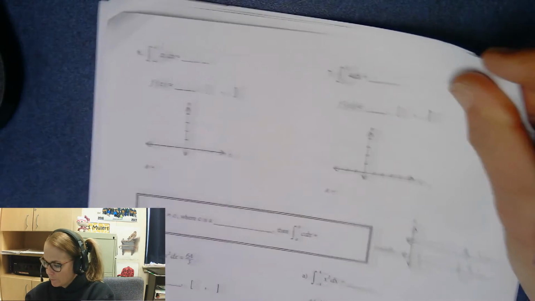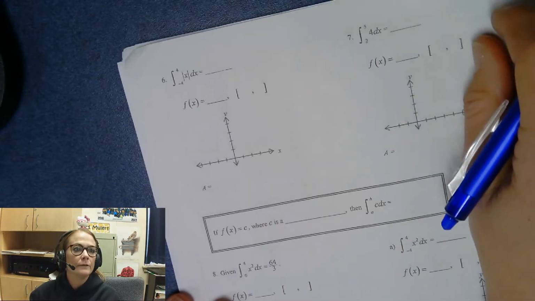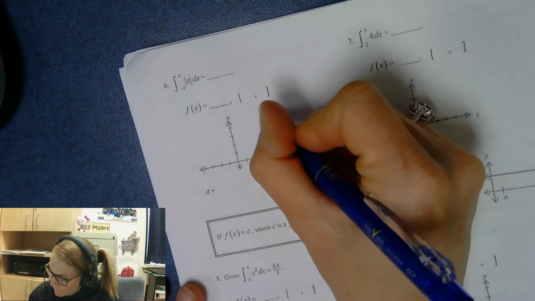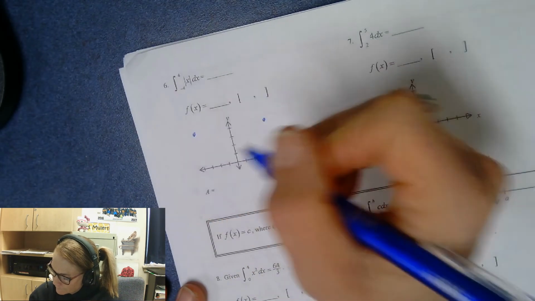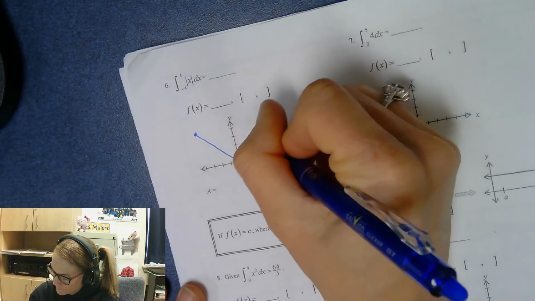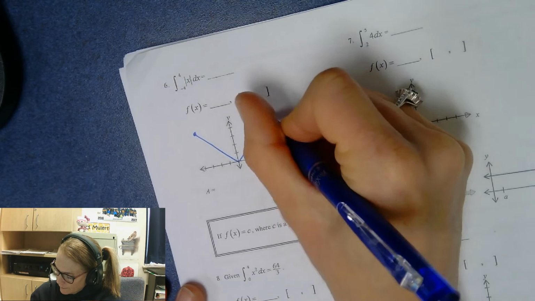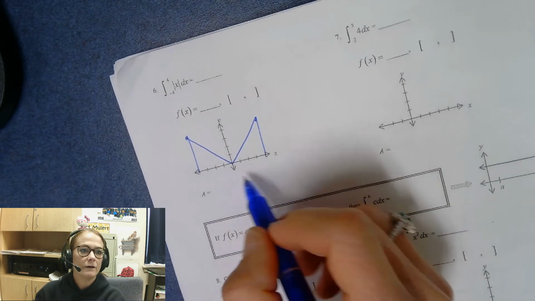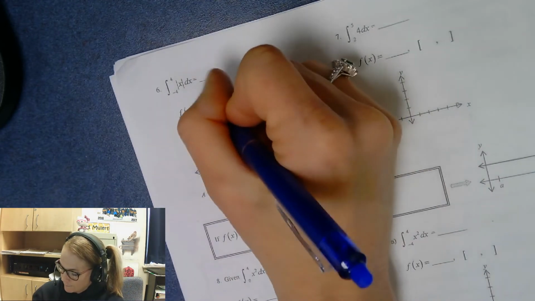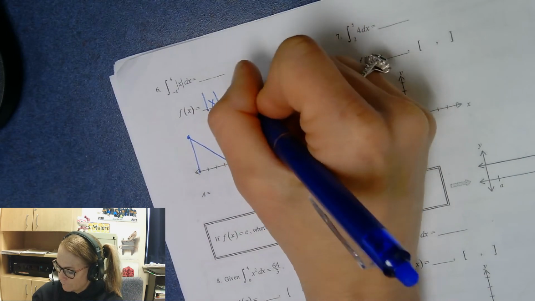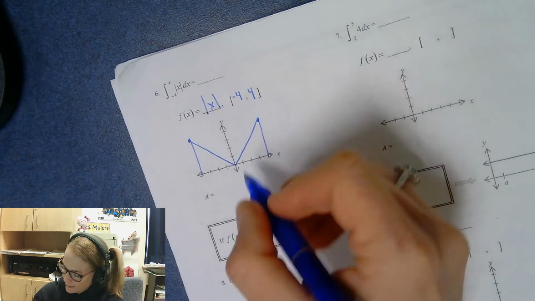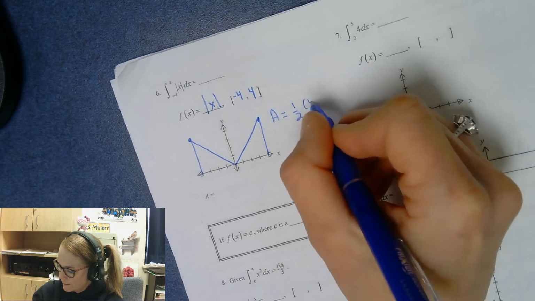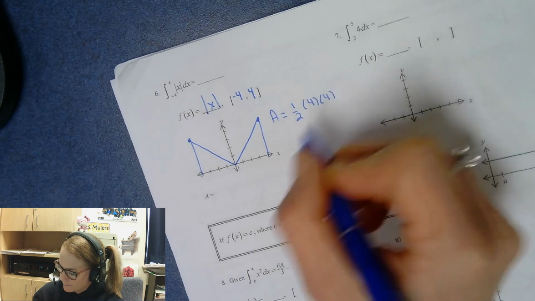Let's see, what do we have going on over here? Okay, we've got some absolute value, and we're going 4 to negative 4. Okay, so there we go. You could just go from 0 to 4 and double it, because you've got some symmetry going on here, but I'm doing absolute value from negative 4 to 4. All right, and so my areas are 1/2 base times height.